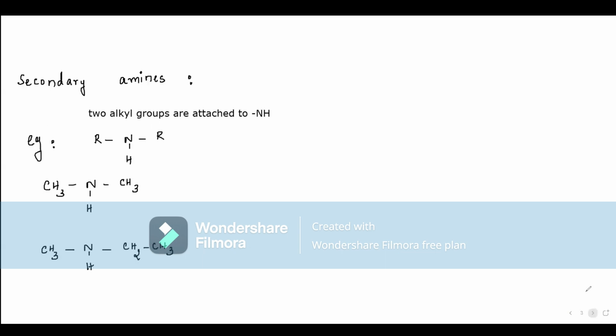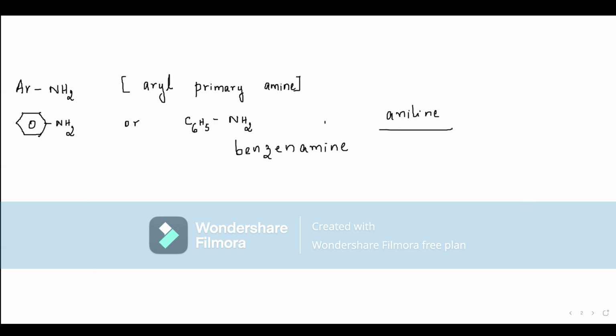Second type of amine is secondary amine, which is written as 2 degree amine. In this, two alkyl groups are attached to NH. What did I say previously under primary amines?